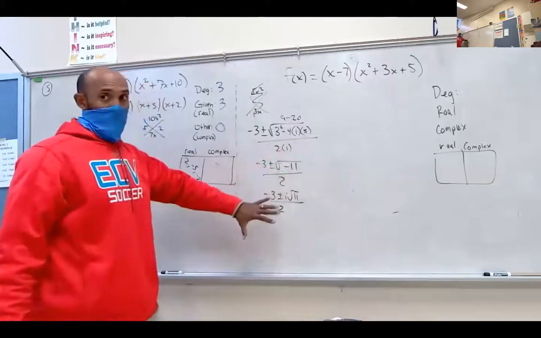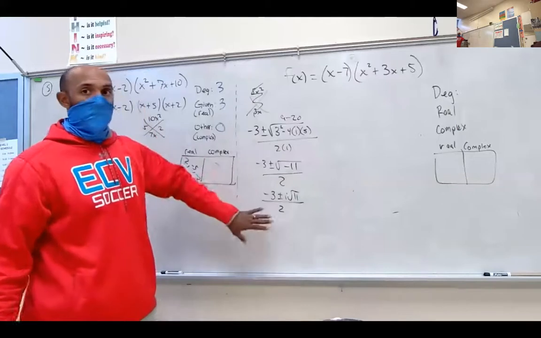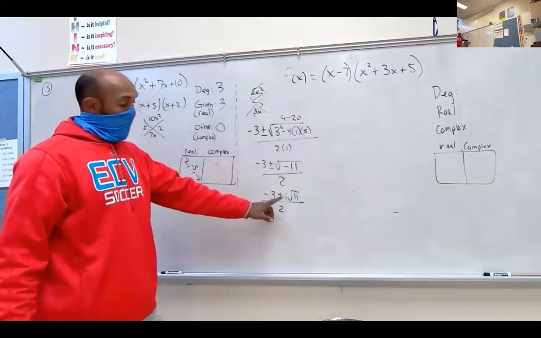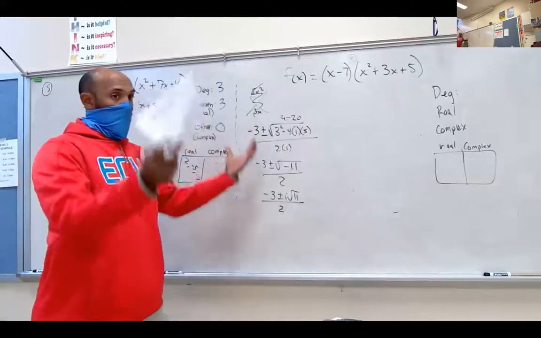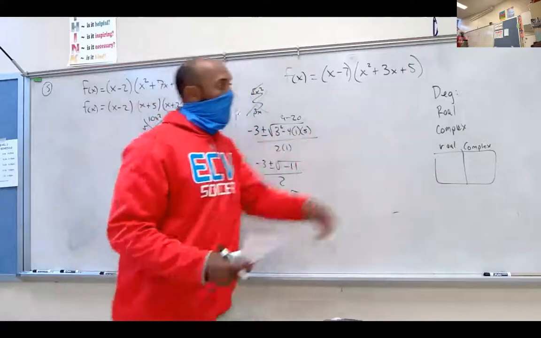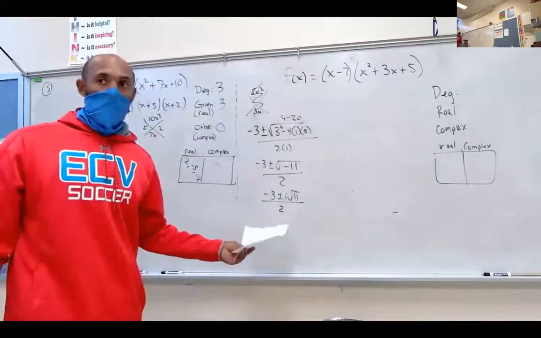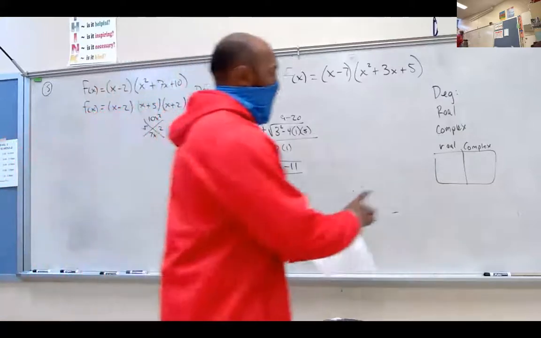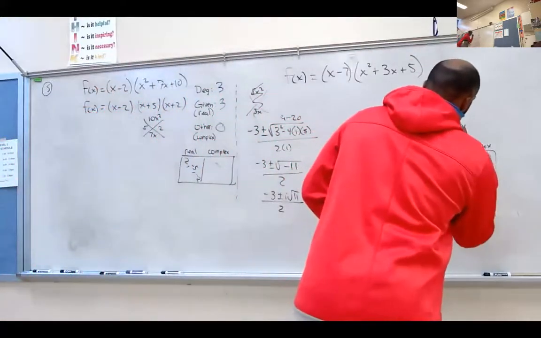So that counts as 2. And what kind of root is that? Imaginary. That number is called imaginary. When you put it all together, a real and imaginary, it's called a complex root. So that's your root. I don't want you to try to figure out decimals or anything. You just leave it like that, and put that as your answer, and that counts as 2.